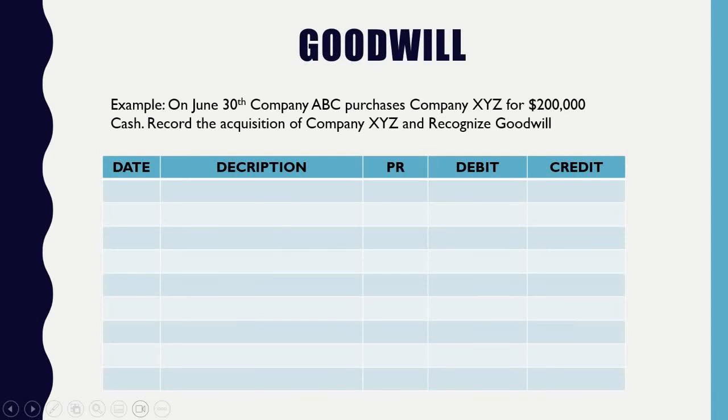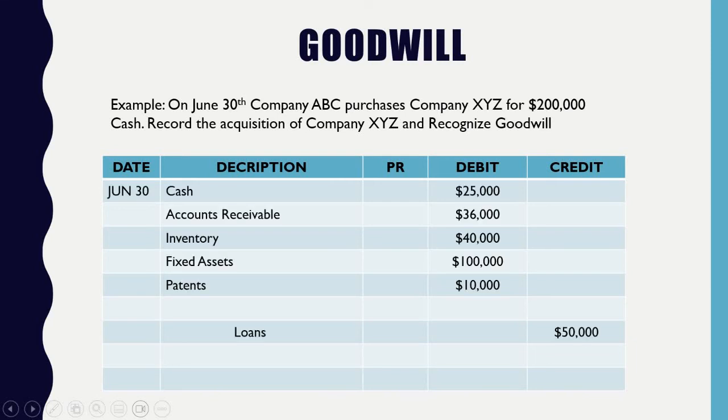So how do I go ahead and purchase my company? So then what happened was, on June 30th, we end up paying $200,000 to purchase company XYZ. Okay? And so how do we record that we acquired company XYZ?